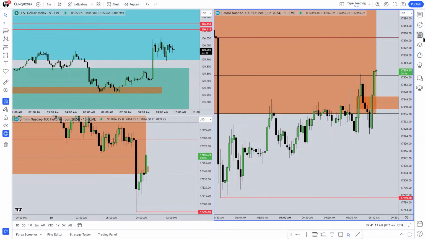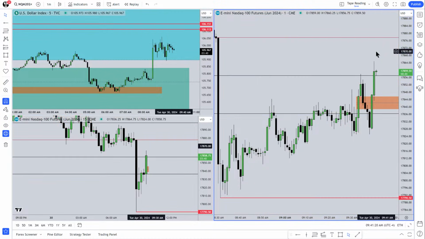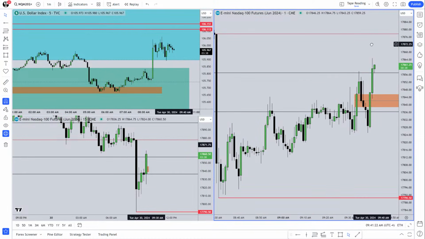I'm going to take this shaded area off. We don't need to have that there, and we know what the opening range is. This is the midpoint of that opening range gap. What I'm looking at and considering is, do we hit the midpoint of the opening range gap and not take out the low on the dollar? Then we want to see if the dollar wants to rally.